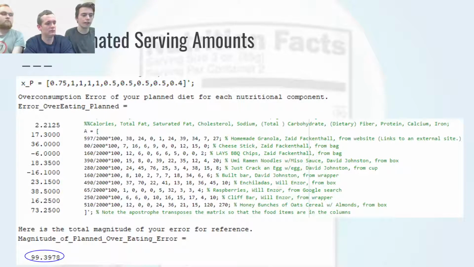Again, our negative ones here are in cholesterol of -6, and our lowest is of -16% for carbohydrate. And there was not much more we could do with this.